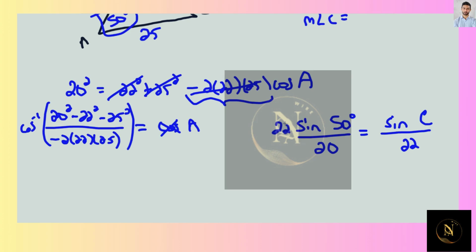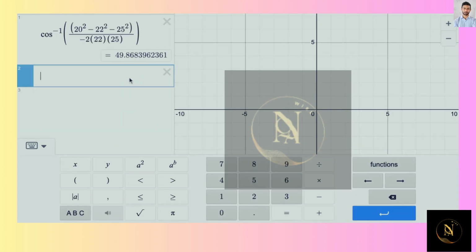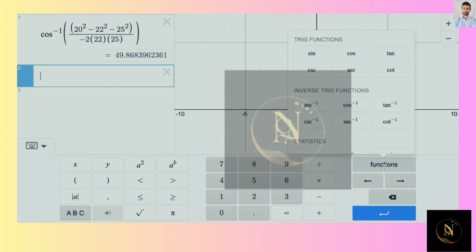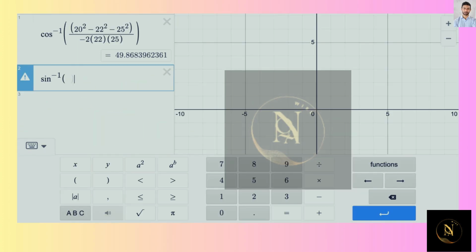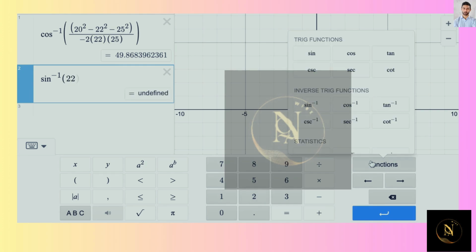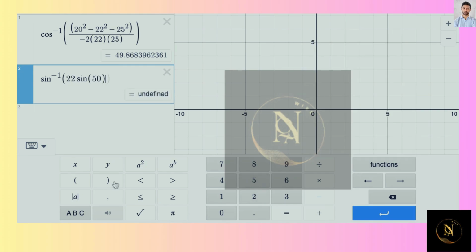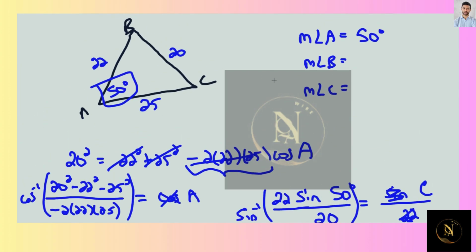Cross multiply the 22, and then inverse sine, and you've got angle C solved for. So the inverse sine of 22 sine 50 over 20. And we get 57.4, I'll say about 57 degrees.